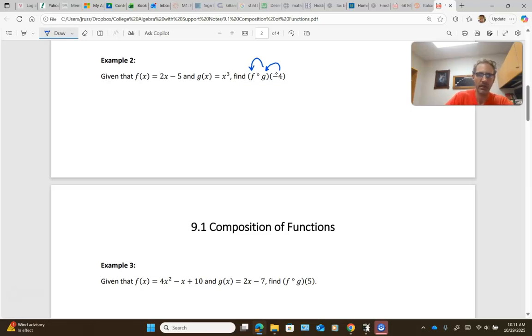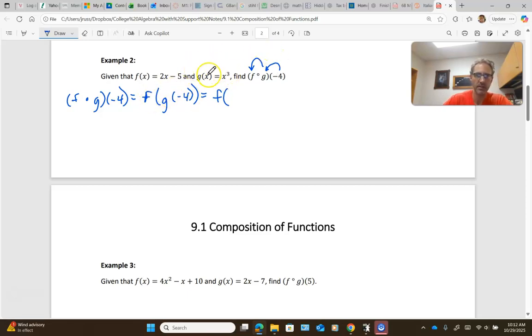Again, I'm going to show this mathematically. This means we want to find f of g of negative 4. I need to plug negative 4 into g.